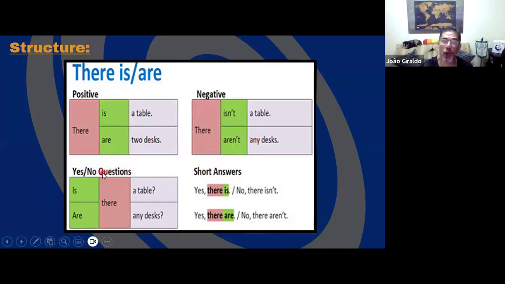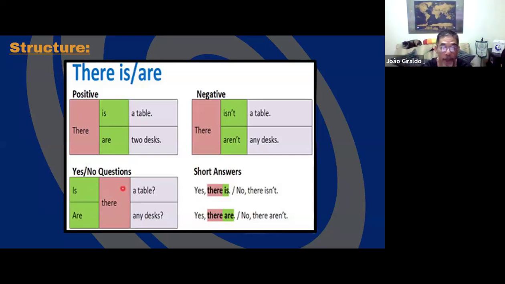Continuation, yes or no questions. Okay, what are yes or no questions, guys? Very important in English. I always talk to you about this. Every time we have a question and the answer obligatorily is yes or no, we need to invert the structure of the question.